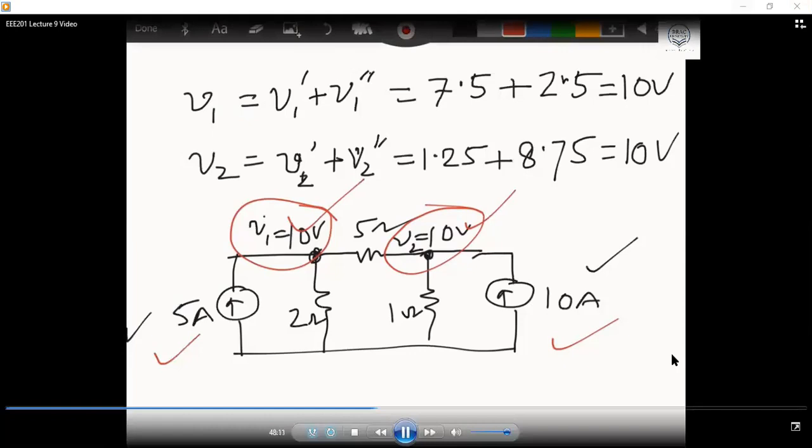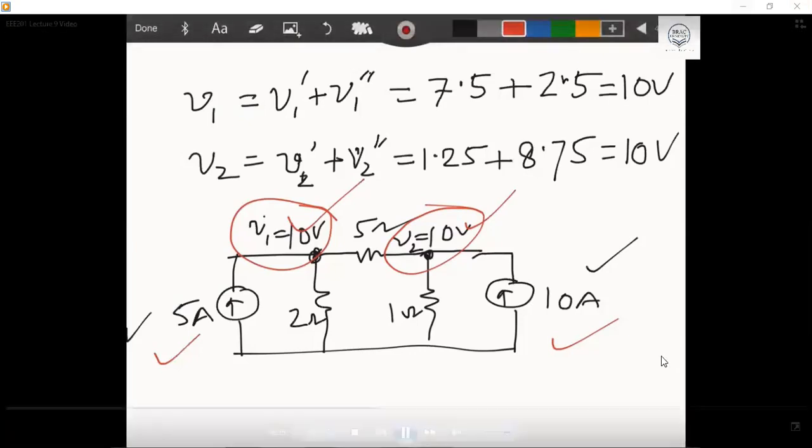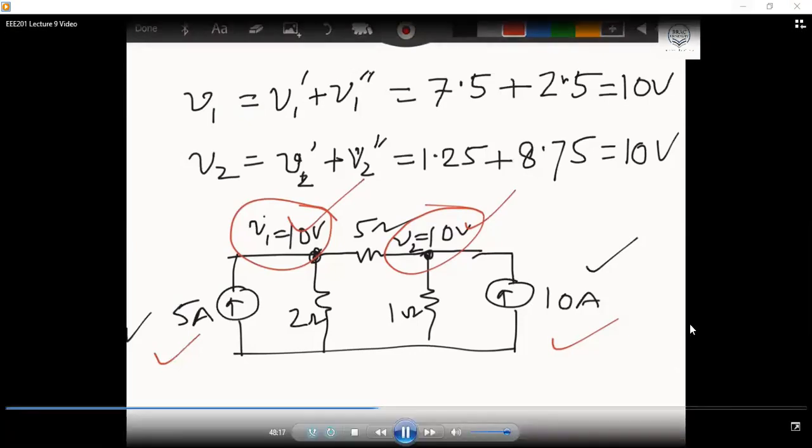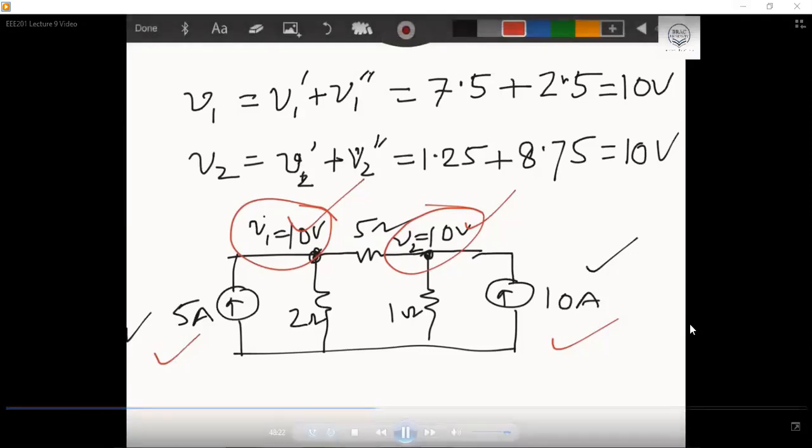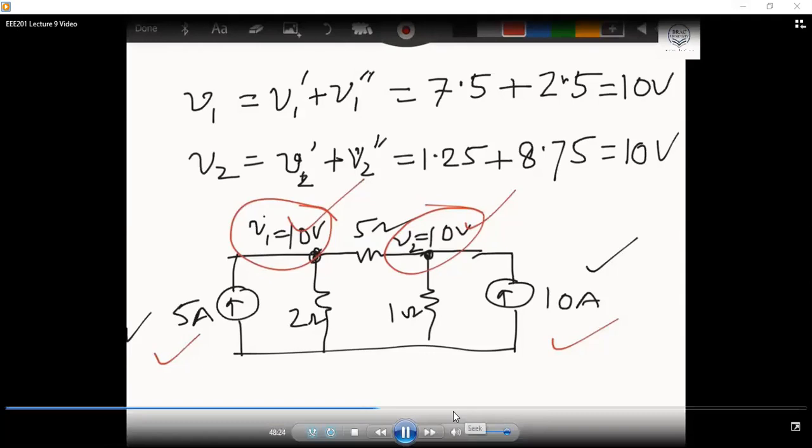But that is a different method. This is node analysis, but here we are applying the superposition theorem. The superposition theorem also gives you the same answer: V1 is 10 volt, V2 is 10 volt. If you apply node analysis, you also get the same answer. Do you understand my question?